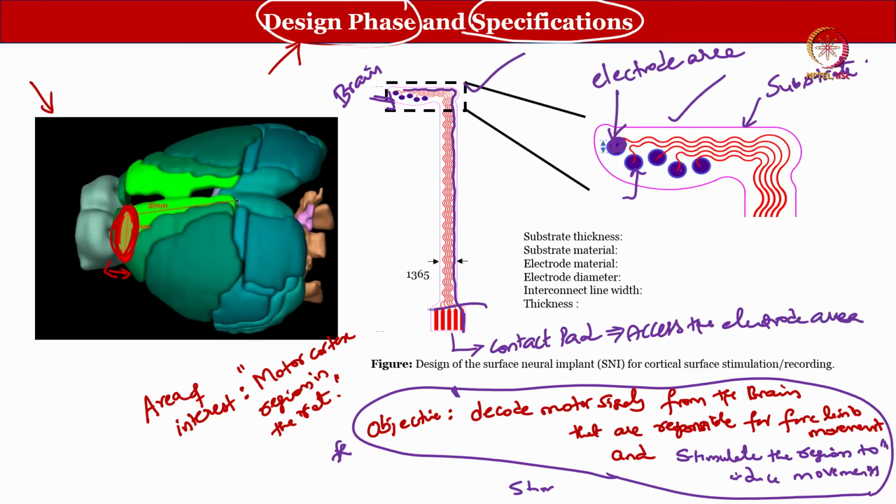Now, this will be connected to a connector on the PCB, and that is how the signals will go to the acquisition system or stimulation system or something like that.